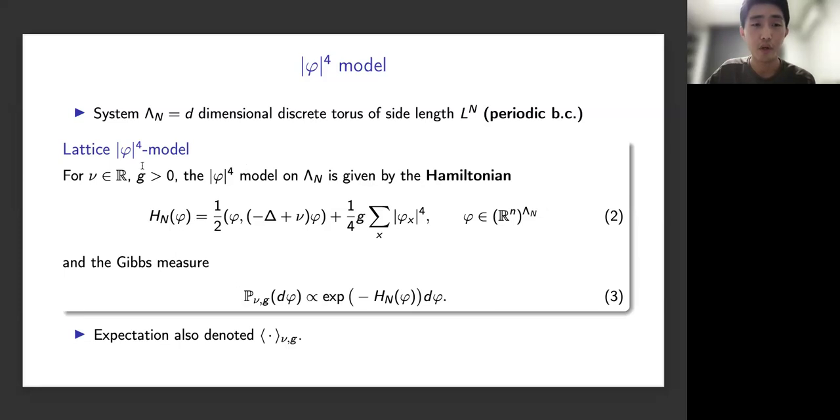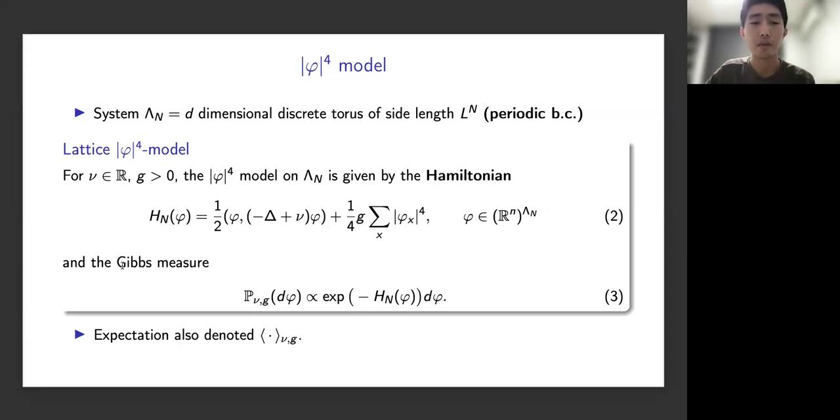Then the lattice phi-4 model on Lambda n is defined using two parameters, nu, which can be any real number, and g, a positive number. The phi-4 model is defined using the Hamiltonian, which is a sum of a quadratic term and a phi-4 term with coefficient g. The quadratic term has the quadratic form minus Laplacian plus nu.